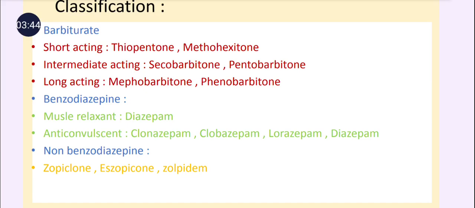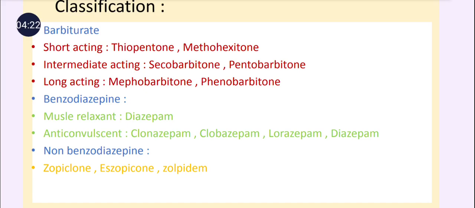Other than this, benzodiazepine class drugs are classified depending upon their duration of action, like barbiturates: short acting, intermediate acting and long acting. In ultra short acting benzodiazepines, triazolam and midazolam come under this class. And in short acting, alprazolam, then oxazepam, and in long acting drugs, flurazepam, diazepam, nitrazepam, lorazepam.